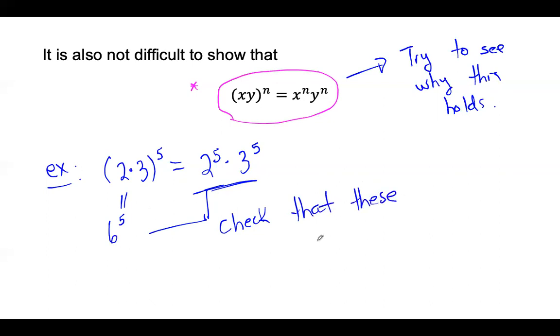So these are equal. So I'll let you just check that with your calculator. Ask yourself, are they equal? So what we did was we distributed that n into everything that is in these brackets, essentially, to the exponent.